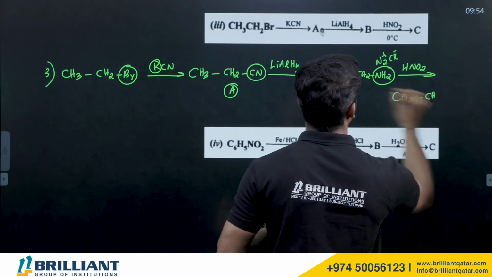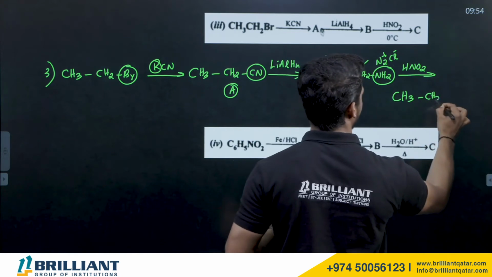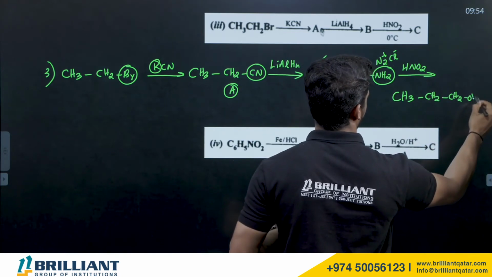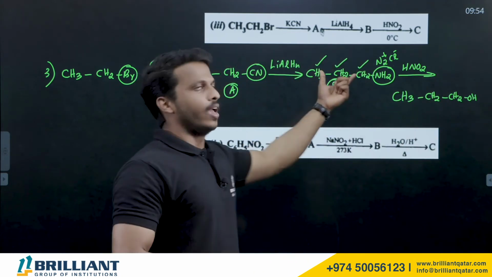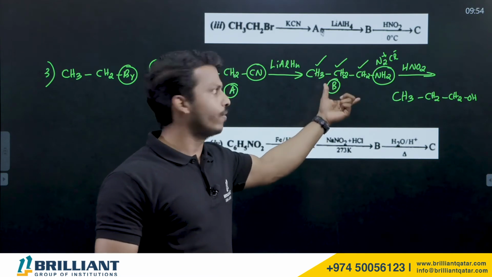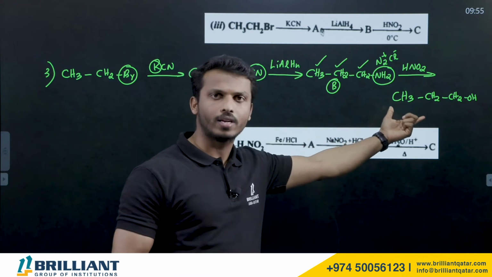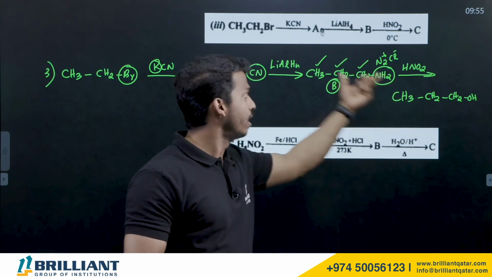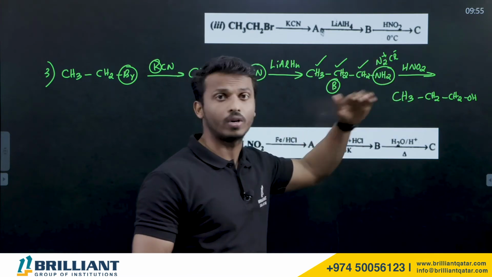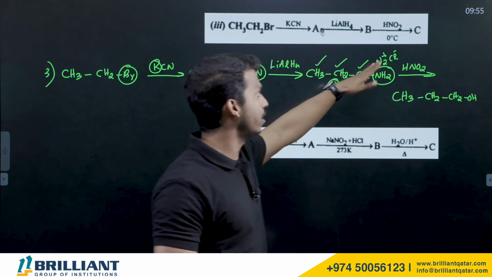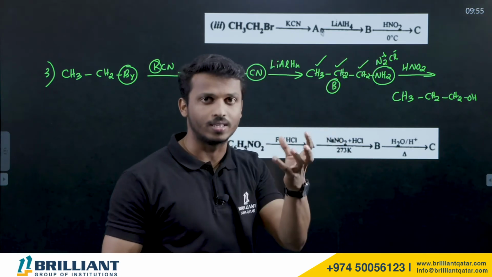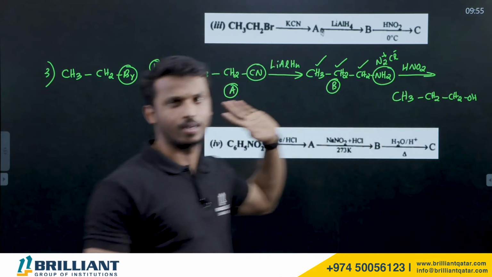CH3CH2CH2OH. All of you, once again I'm repeating: if an aliphatic amine is treated with nitrous acid, directly you can write the product as alcohol. Because the aliphatic diazonium salt is highly unstable, it will immediately react with the water in the system and give you alcohol as a product.